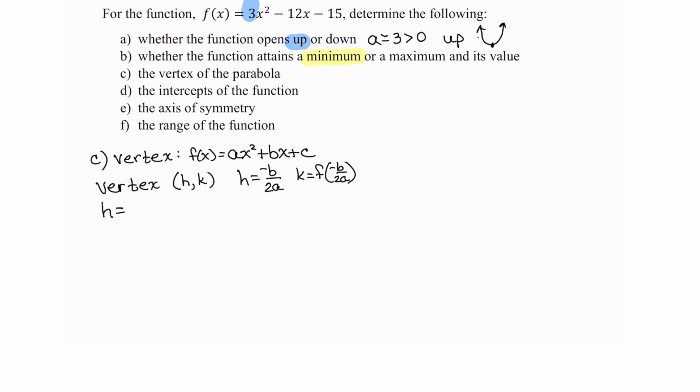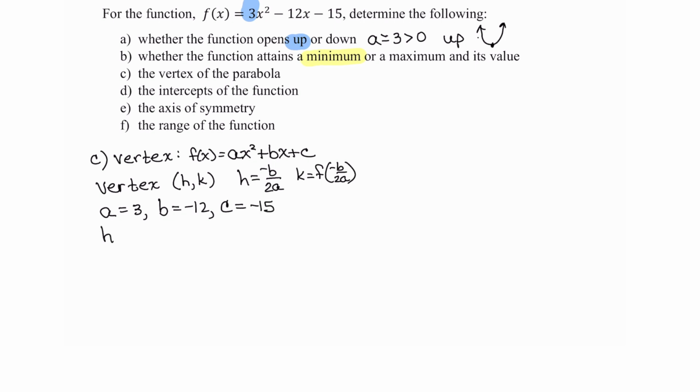And we're getting that from our function above. So let's actually write those values closer to the work. So in our problem here we have a is equal to 3, b is equal to negative 12, and c is equal to negative 15.